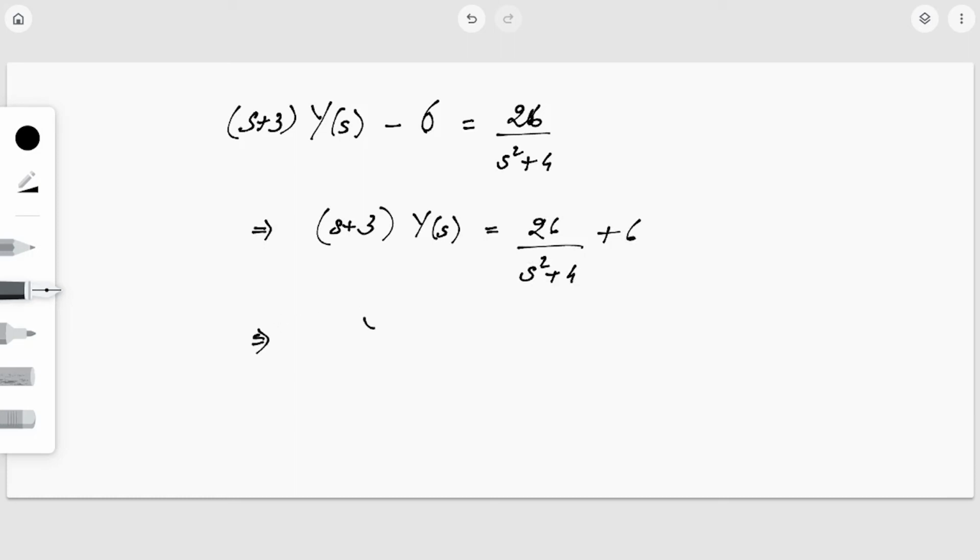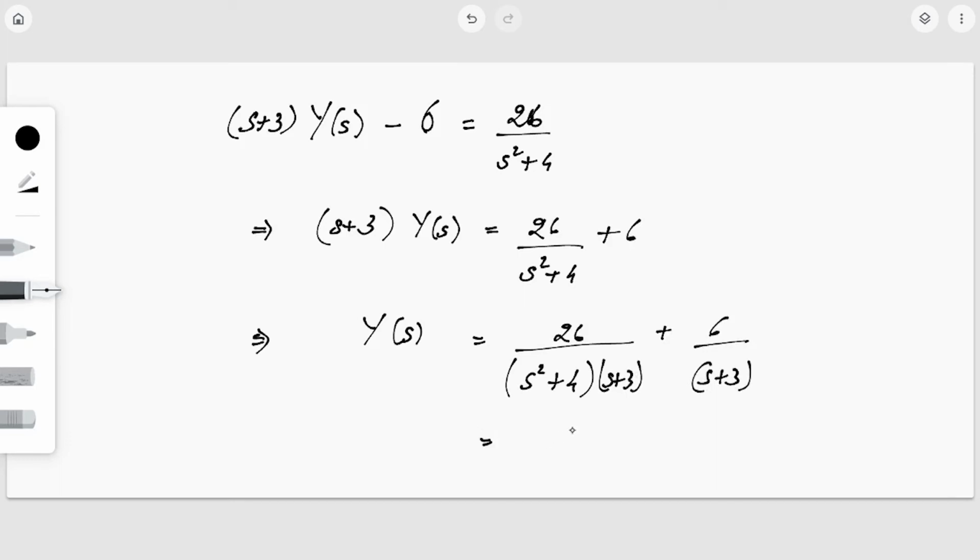So what will be Y of s? Y of s will be nothing but 26 by s square plus 4 into s plus 3, plus 6 by s plus 3. So this is nothing but 26 plus 6 into s square plus 4, taking the LCM, by s square plus 4 into s plus 3. Okay, right?